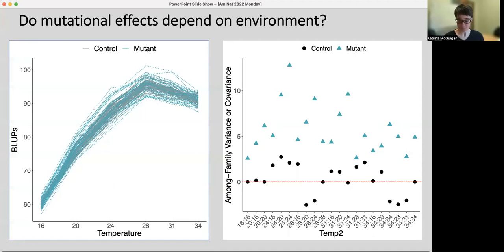And consistent with the fact that we had very weak evidence that there was mutational variance at each of the 6 temperatures, but strong evidence that there was overall mutational effect on swimming performance, we find that 7 out of the 15 mutational covariances among temperatures were statistically distinct from 0. So we're getting a really strong signal of shared variation across the temperatures from this data.